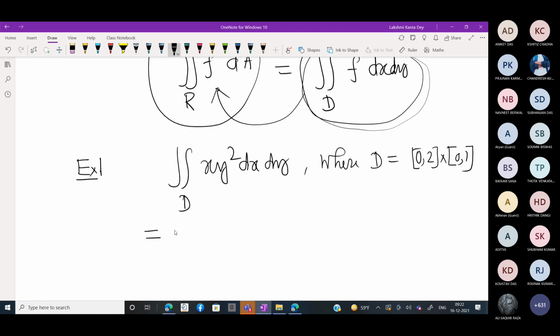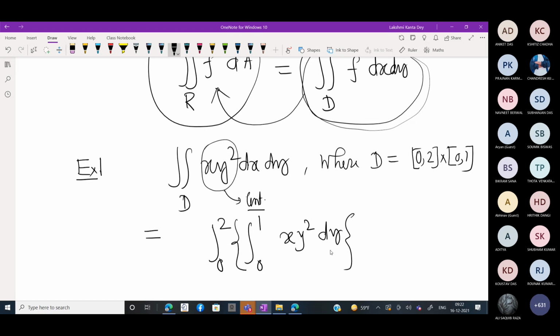This is a polynomial function, so it is a continuous function, so we can find it by means of iterated integral. The way is very simple. We take 0 to 2, 0 to 1, x y square dy, then dx, because the limit for y is 0 to 1 and the limit for x is 0 to 2.